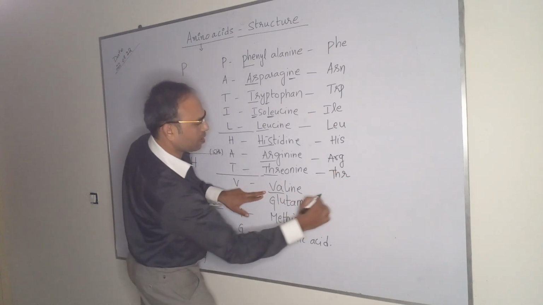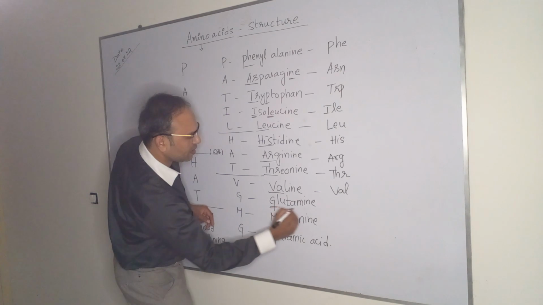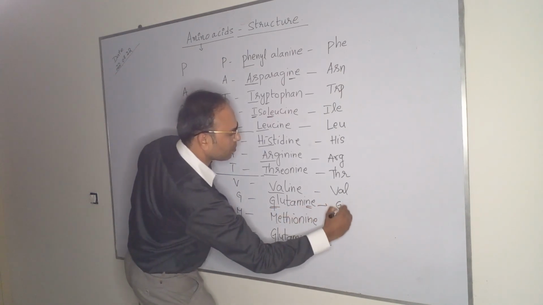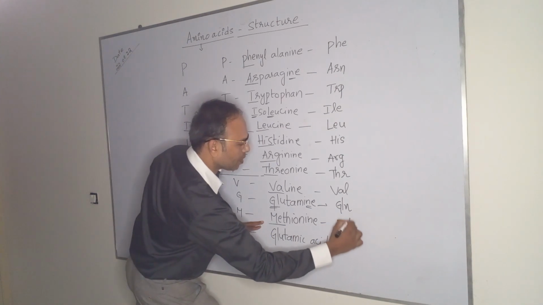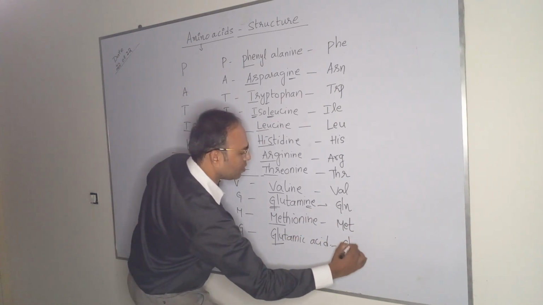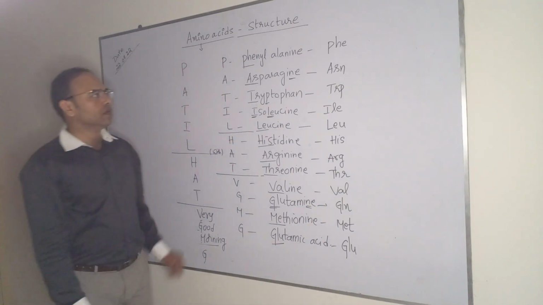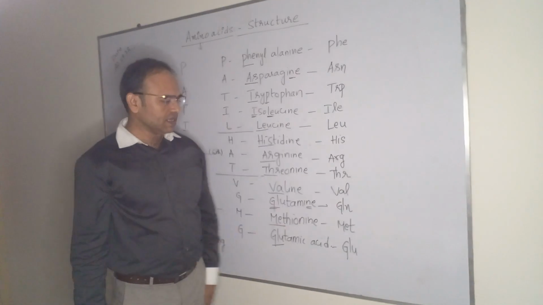Next, VAL for valine. Now here GL and N. GLN. Next, MET, and last here it is GLE. Hope you have understood this. We have got the amino acids and we have written the symbols.